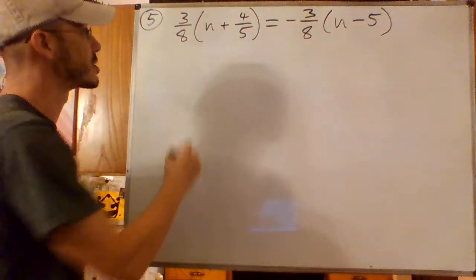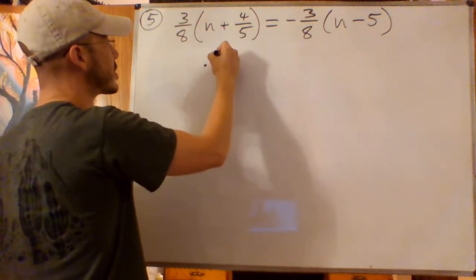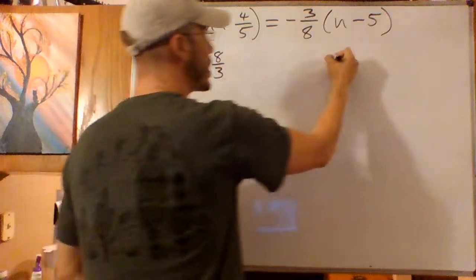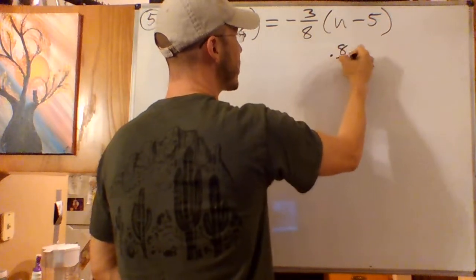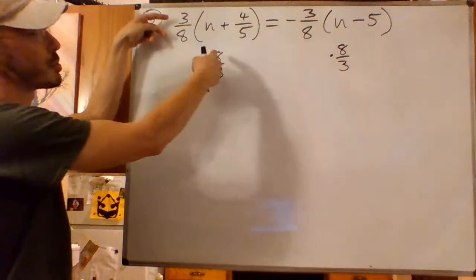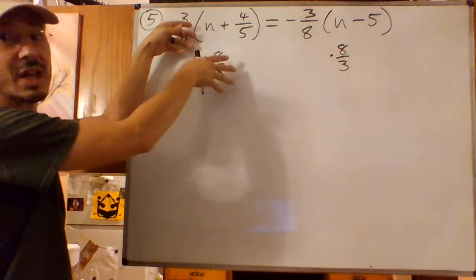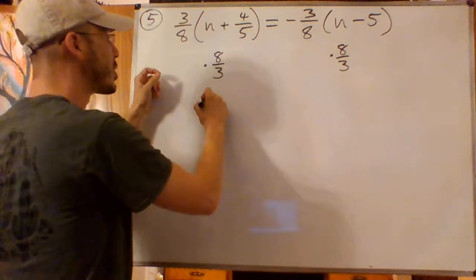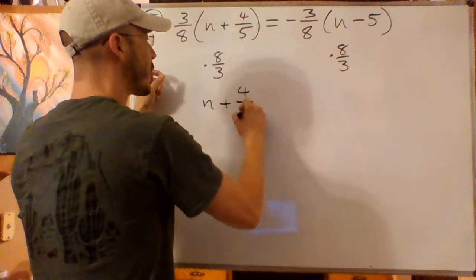There's a better way to do this, which is to multiply both sides by the reciprocal 8/3. So if I am multiplying by 3/8 and then I multiply by 8/3, those cancel each other and leaves me with n plus 4/5.